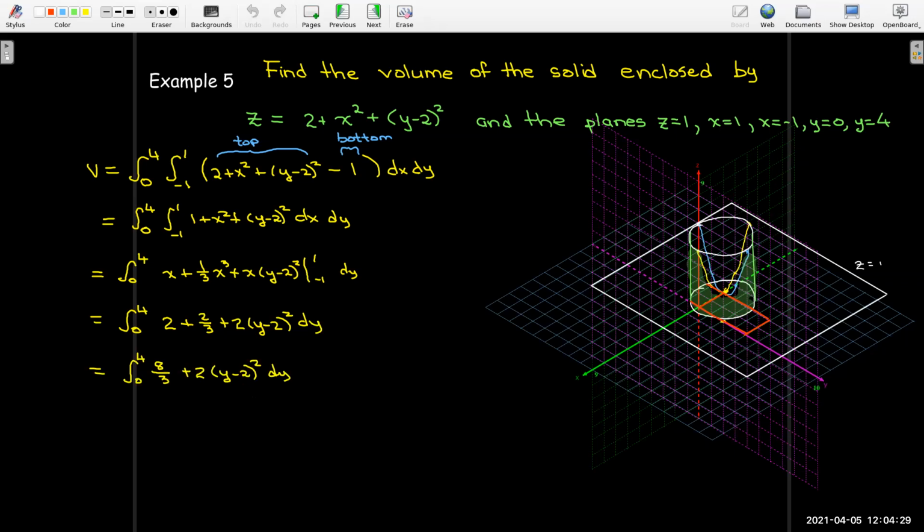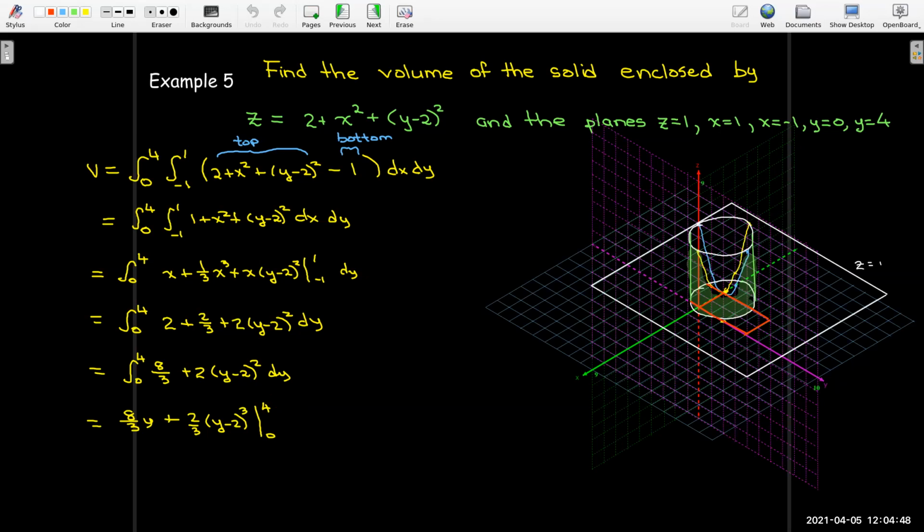And now I need to find the antiderivative. y is the only variable. So I'll find the antiderivative of y minus 2 squared, which will be 1/3 y minus 2 cubed.